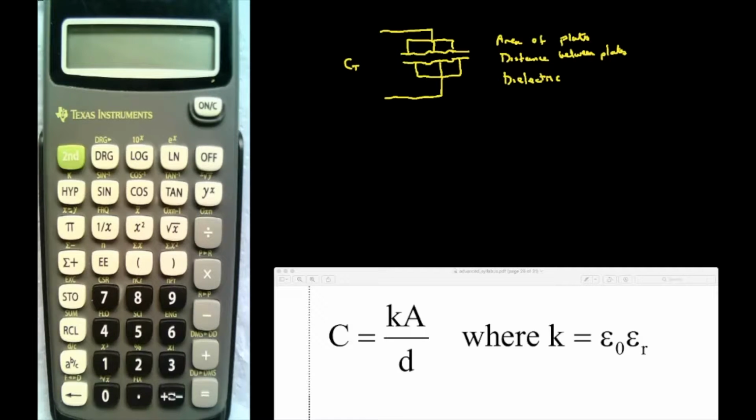So here we have the formula for the capacitance, and if you look at the videos that I've produced on capacitance, you'll see some examples of working through those formulae, and I think you by now should be able to manage that with the calculator.